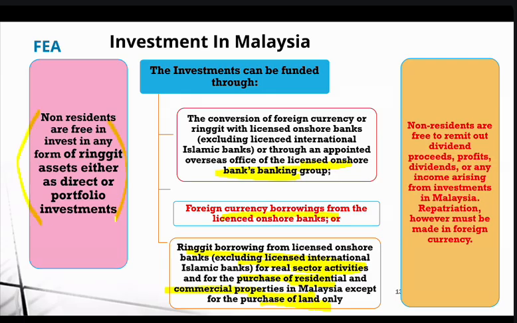Non-residents are free to invest in any form of ringgit assets as either direct or portfolio investments. What I want to say here is remember this key point. The rules for non-resident are not the same as the rules for resident. Non-residents are free to remit out profits and dividends arising from investments.